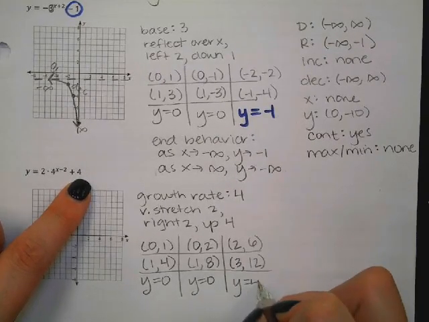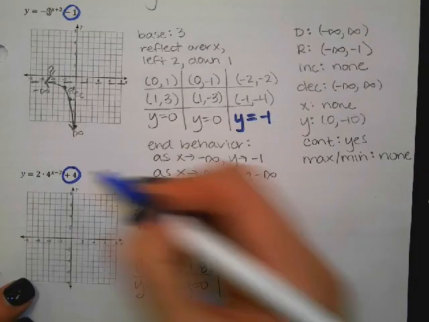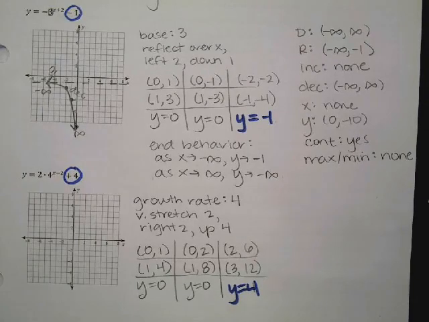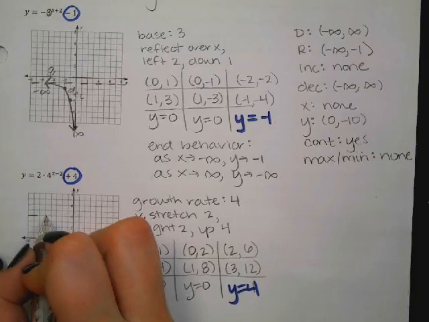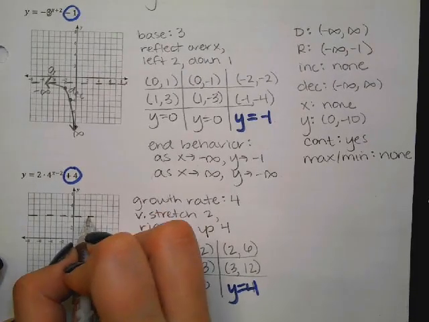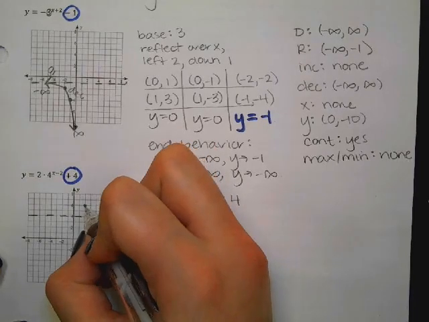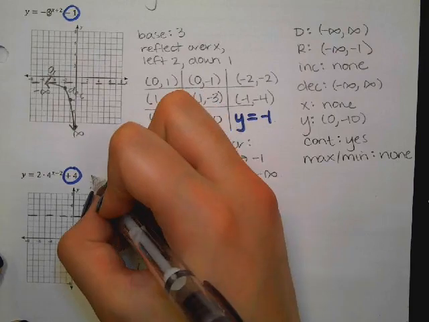And we know that the horizontal asymptote is going to be the same as the number on the end. So y equals 4 is the horizontal asymptote. Okay, so we have the point (2, 6), and then (3, 12).